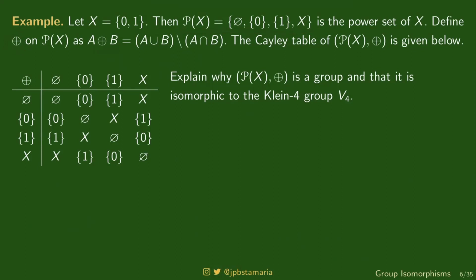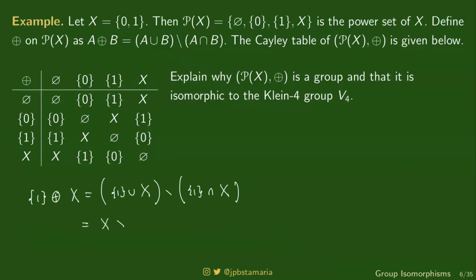So for example, how did I come up with this table? We did this before. For example, how did I come up with this circle plus this one? What does it mean? How did that answer come about? It means you take the union, then you remove the intersection. The union of them, because x is the universe, is x.